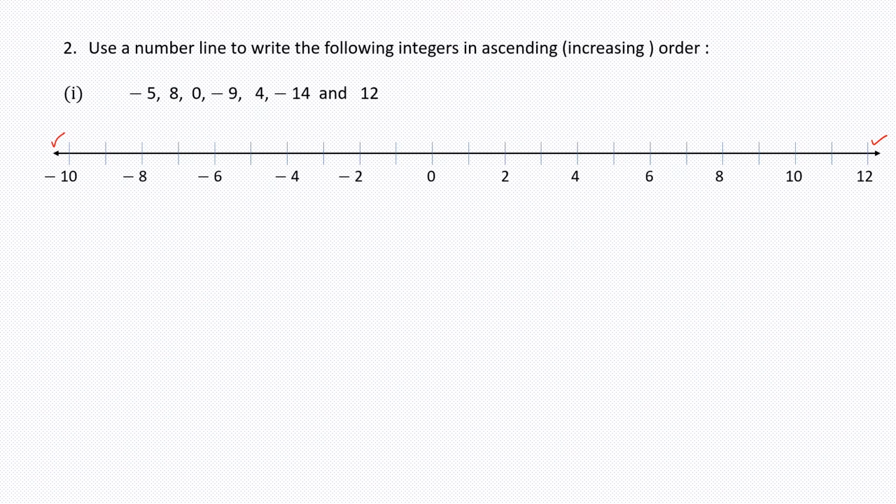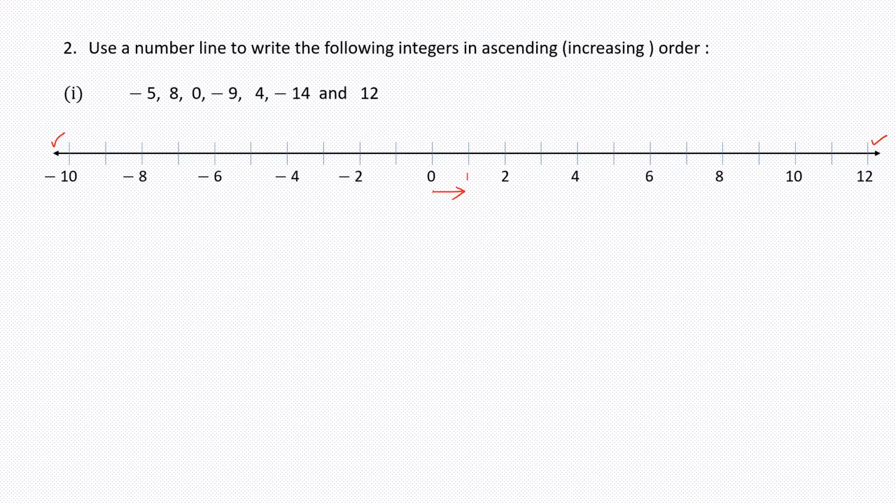Now we plot these numbers. We mark these numbers on the number line. Let me start with 0. On the right side, we have all the positive numbers. The numbers that I have not written are the odd ones, I have written the even numbers.